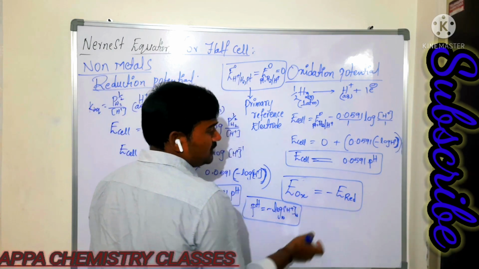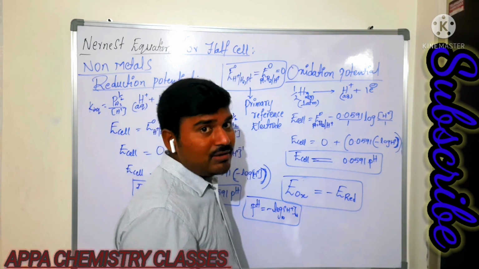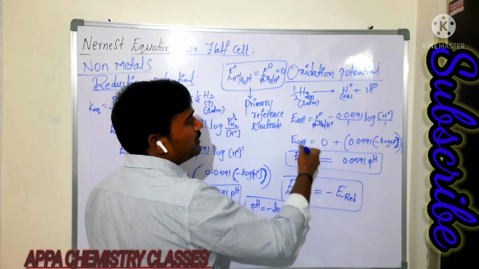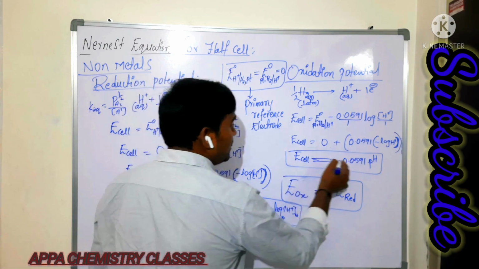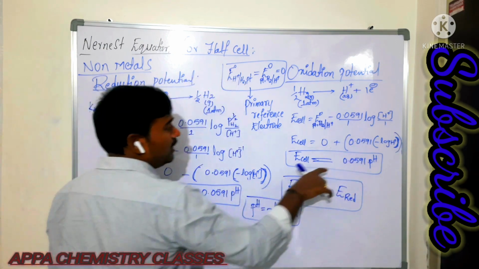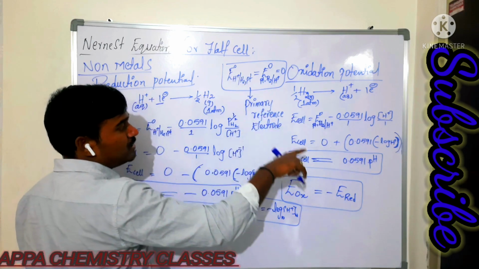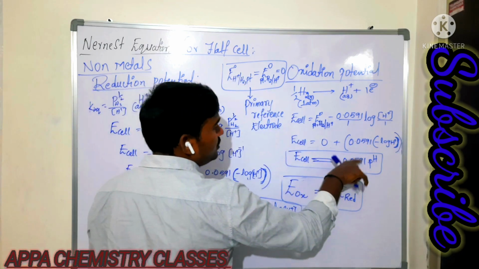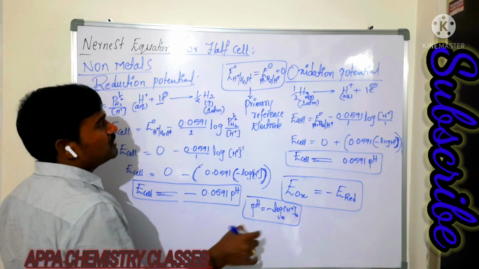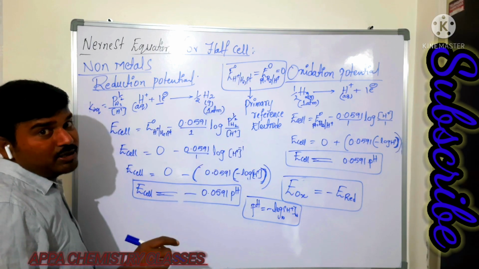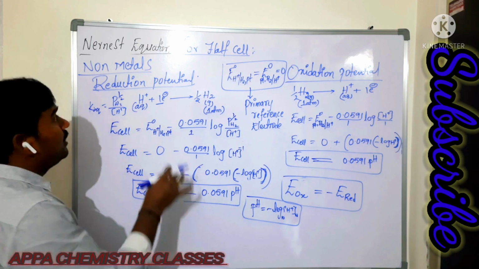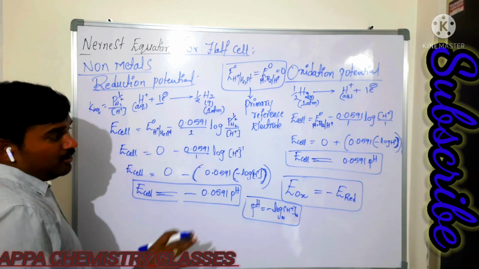You can take oxidation potential is equal to minus of reduction potential. In case of oxidation potential also if you apply, you will get that relation. That is E cell is equal to, here it is minus, it becomes plus. Oxidation potential of hydrogen electrode is 0.0591 into pH. But whereas in case of reduction potential, minus 0.0591 into pH. So that is what in case of non-metal electrode.